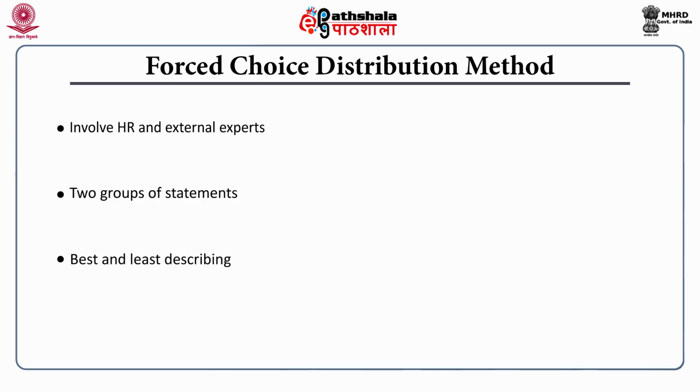The best describing and least describing statement are assigned with suitable weight which is not known to the evaluator. The employees that score high on such evaluation are considered as better employees as compared to the low scoring employees. As the rater is unaware about the weights assigned to a particular statement, any kind of manipulation or bias could be avoided.